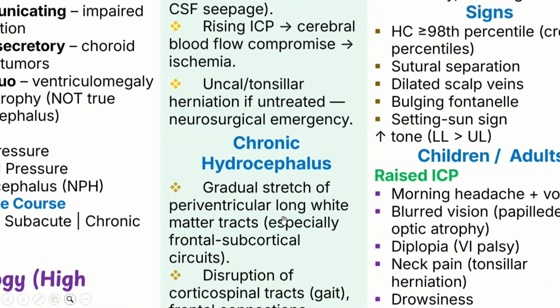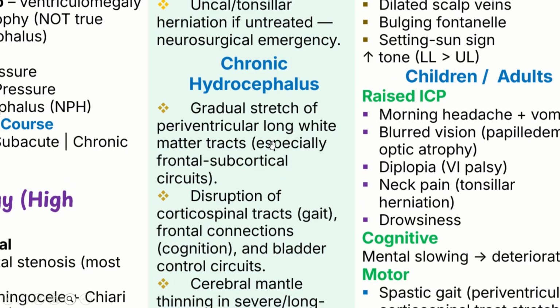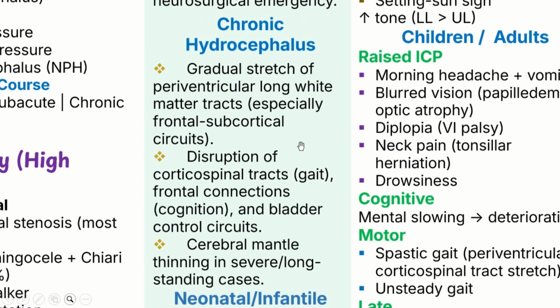Then when we have chronic hydrocephalus that occurs over a long period of time, there is going to be gradual stretching of the periventricular long white matter tracts, especially in the frontal subcortical circuits. And now these white matter tracts, they're coming from the motor cortex, from the front.